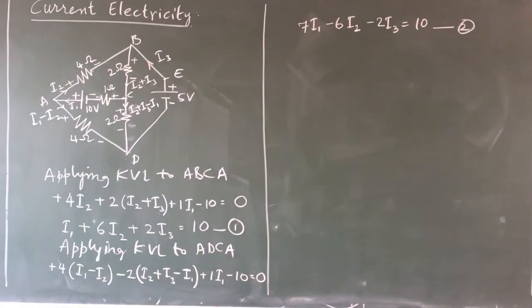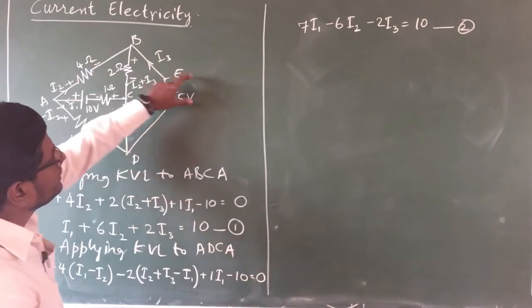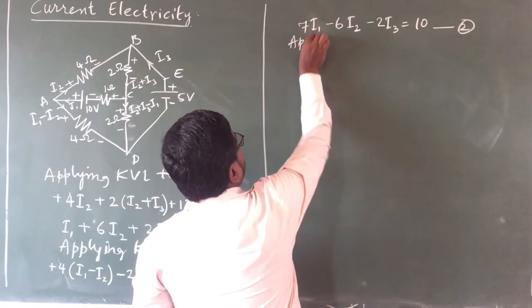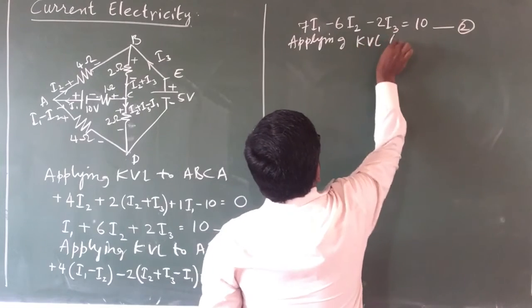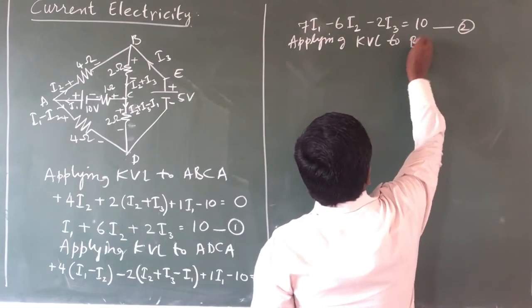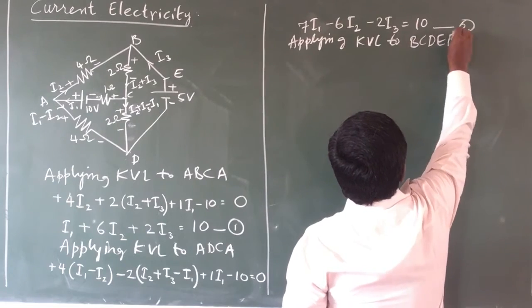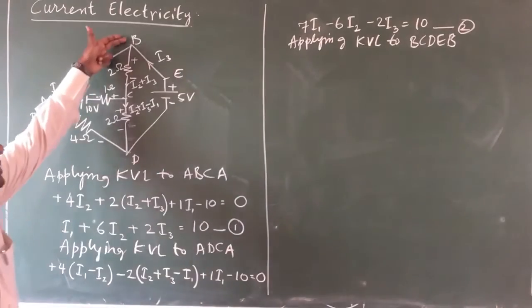Now going for the third part, B, C, D, E, B. So going for the third part, going from B to C, what is the sign here?